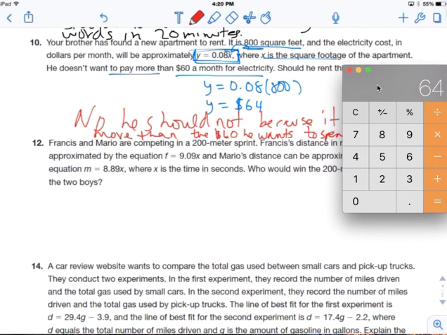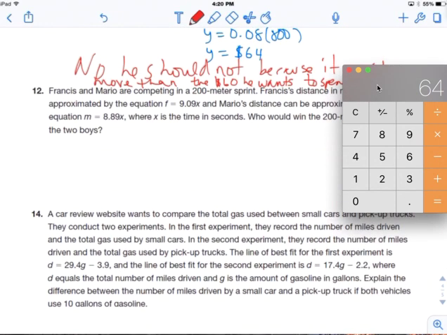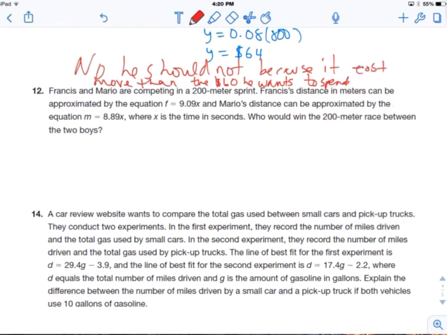Okay, you guys finished reading. This is just reading and understanding what you're reading. There's not a lot to do here, okay? Francis and Marco, I need you to try to read on your own. Who will win this? Is it Marco? Well, whose equation is that? Francis.